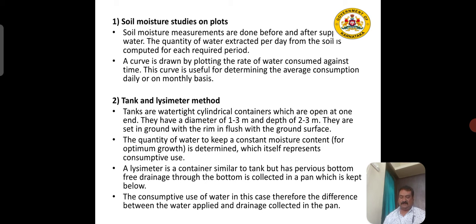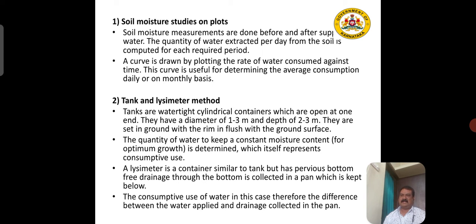This curve is useful for determining the average consumption daily or on a monthly basis.